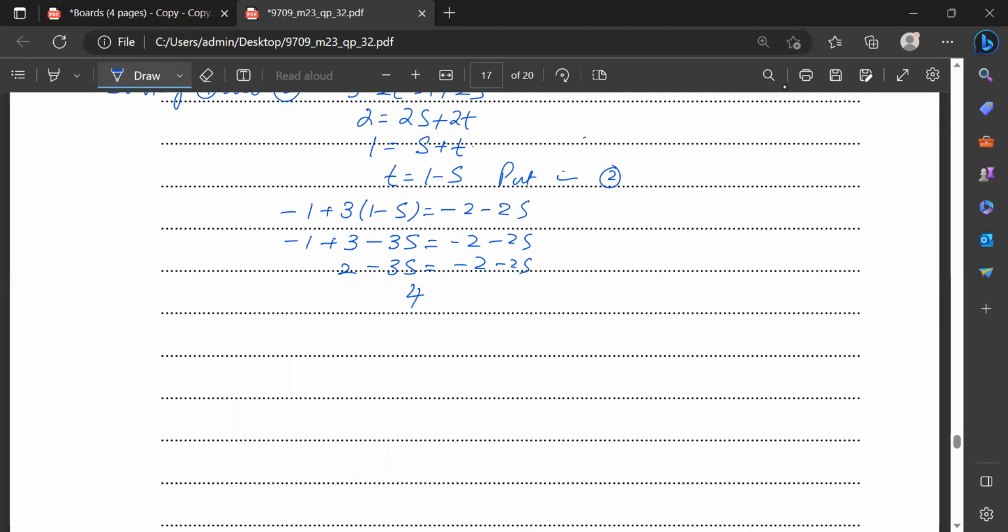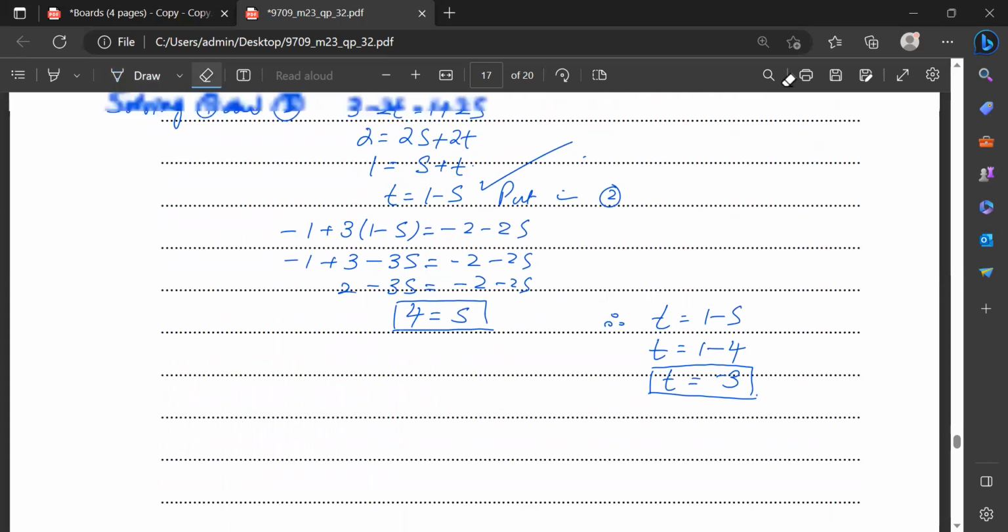So it is 4 is equal to s. So s is equal to 4. Use this value in number 1. So therefore, the value of t, t is equal to 1 minus s, 1 minus 4. The value of t is equal to minus 3. So we have s and the value of t.